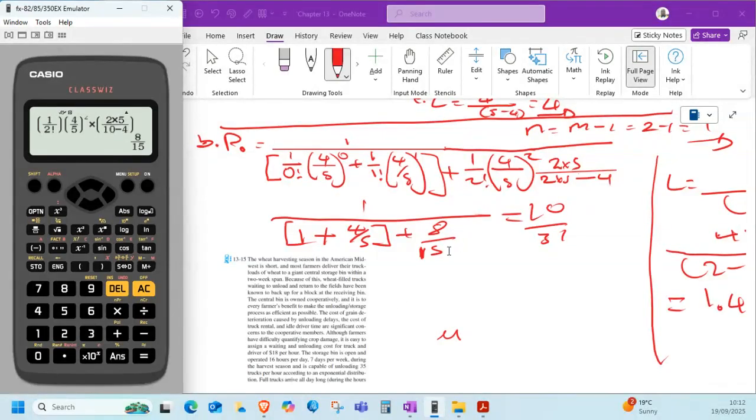Okay, it's 8 over 15. There's no other way it could be proven otherwise. It means that this is right. Plus 4 over 5.